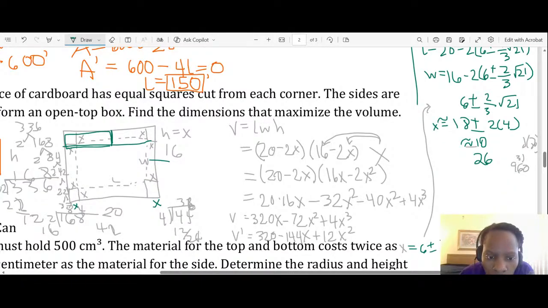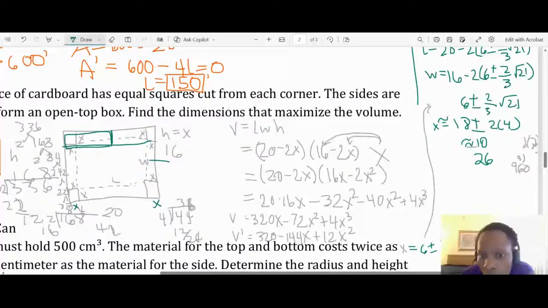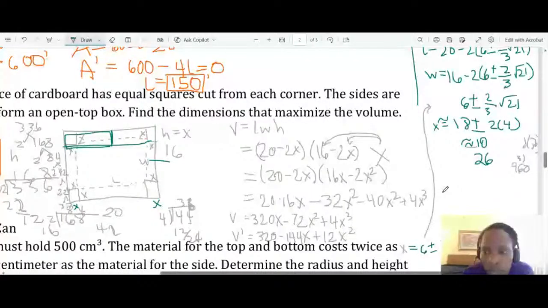Oh, I didn't divide by 3. So this right here, I didn't divide by 3.